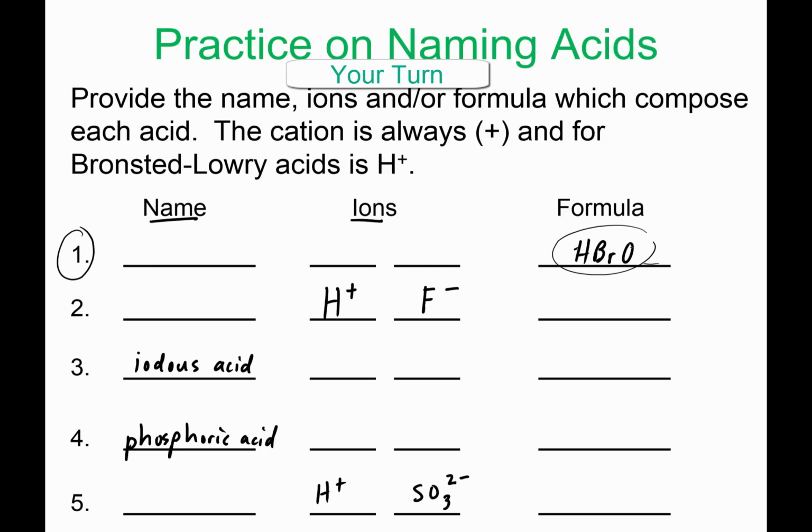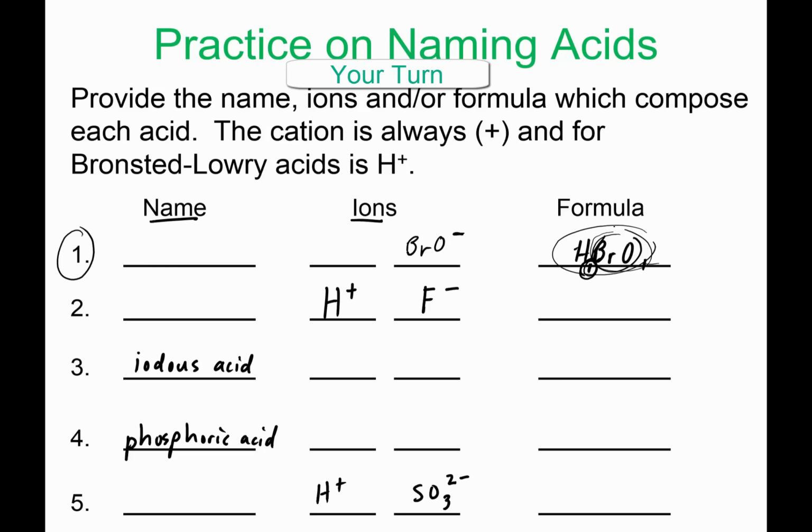And the ions would be, there's one BrO minus 1. If there were more than one hydrogen, there would be a number here. So there's only one of those two. Since there's only one here and one here, that means BrO has a minus 1. It's kind of like reverse crisscrossing.